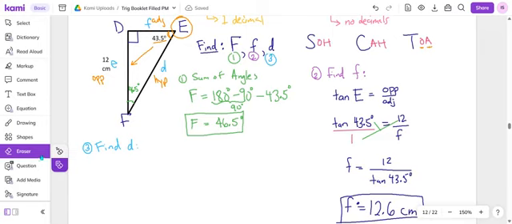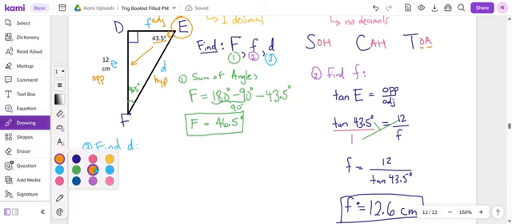I'm going to keep angle E circled because I'll keep the labels, right? I can keep the opposite, adjacent, hypotenuse if I'm still using the same angle. Okay, so now let's circle what we need to find. I need to find D.